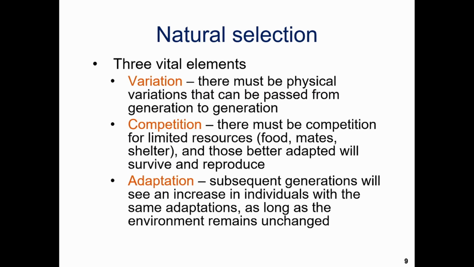Remember, the variations we talked about, the differences between individuals, need to be inherited. There needs to be a genetic component that can be passed from one generation to the next. Over time, those traits that are positively selected for, meaning they give an advantage to those individuals, lead to more offspring. The less advantageous traits don't survive as well or don't have as many offspring.